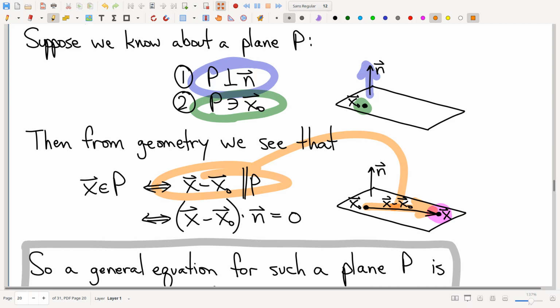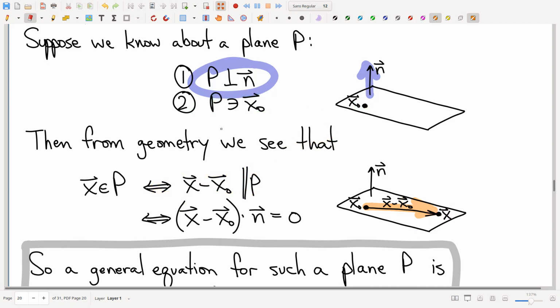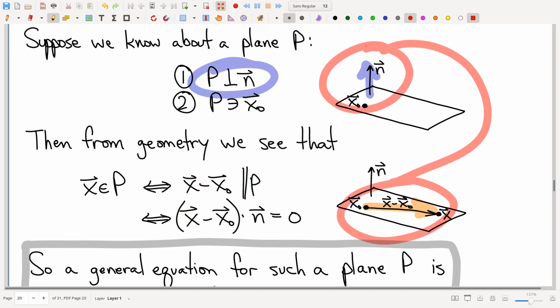And if that difference vector is parallel to the plane, then these two vectors would have to be orthogonal. Does that make sense to everybody? That turns out to be a nice little test. It's just the geometry just happens to work out very conveniently this way.